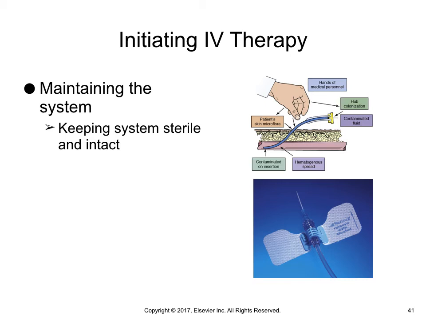Infusion Nurses Society standards indicate that use of these stabilization devices is preferred over taping whenever feasible. Shown as Figure 42-16, potential sites for contamination of vascular access device, and Figure 42-17, catheter stabilization device.